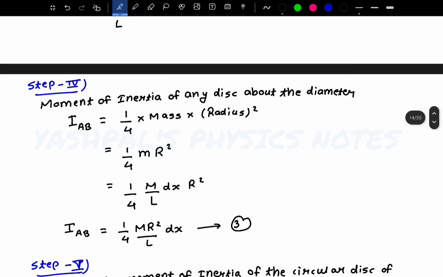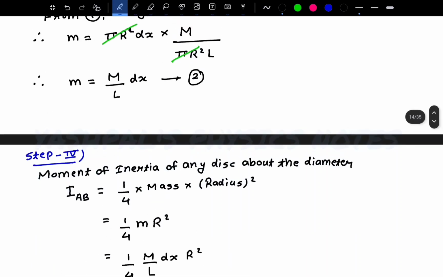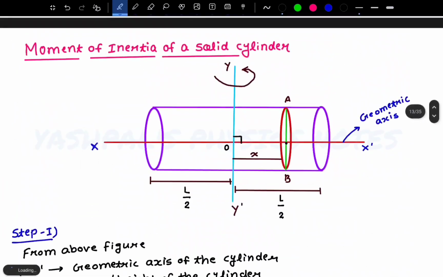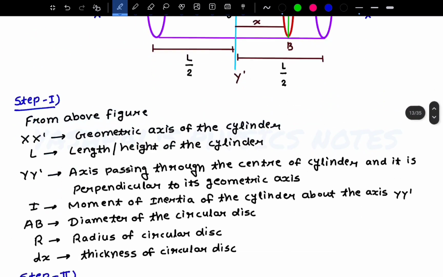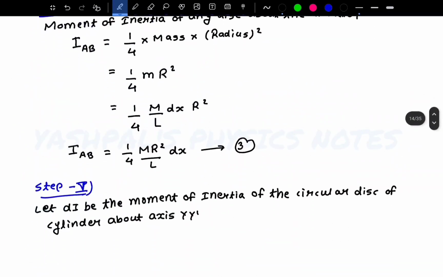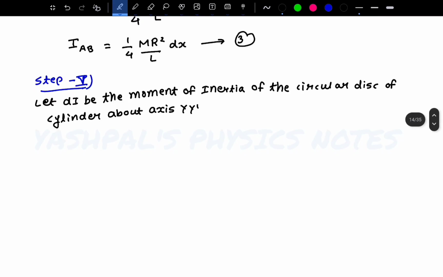Remember in step number 4 we found the moment of inertia of this disc about the diameter, which was considered AB as the diameter. Now here we are going to find the moment of inertia of the circular disc about axis y dash. How we are going to find? We are going to use the parallel axis theorem.